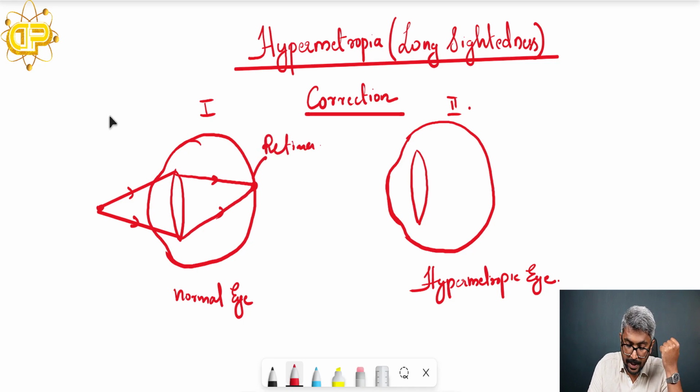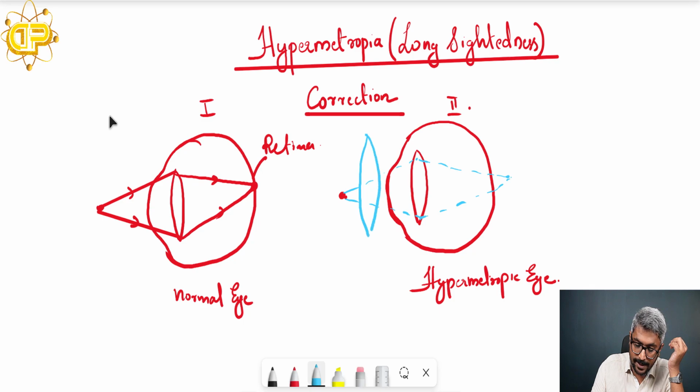In the same way, if I keep the object at the normal near point, that is 25 centimeter, it falls, I'm just using a dotted line, somewhere at the back side because of the low converging power. But if you keep another convex lens, it converges some more, and again converging takes place and it falls at the correct position on the retina.